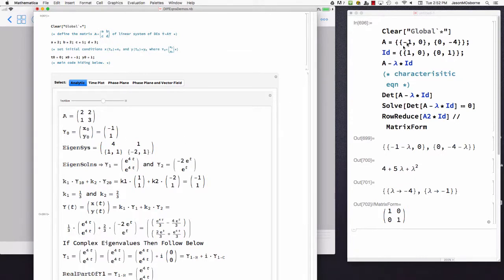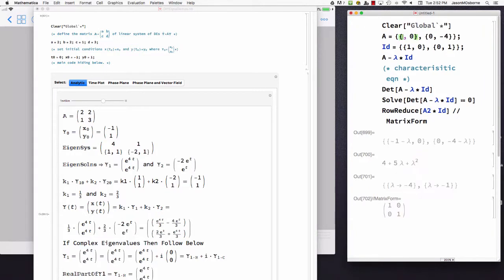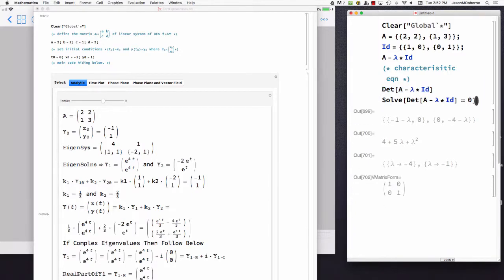You can do that by finding the characteristic equation. Look at A minus lambda times the identity, look at the determinant of A minus lambda I, you can solve, and then you can find eigenvalues and eigenvectors.